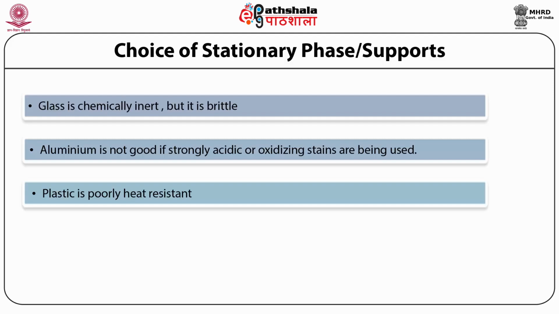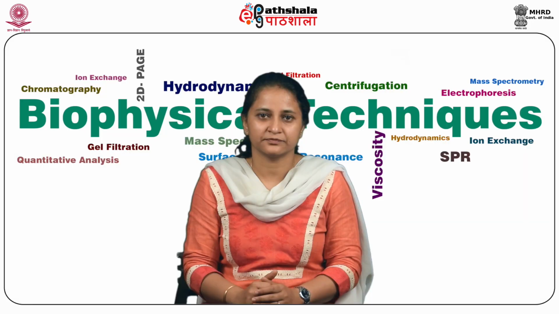Now, usually when the stationary phase that is chosen is polar, the separation is called a normal phase separation. However, when a non-polar stationary phase is chosen, this is called reverse phase TLC, or reverse phase planar chromatography.